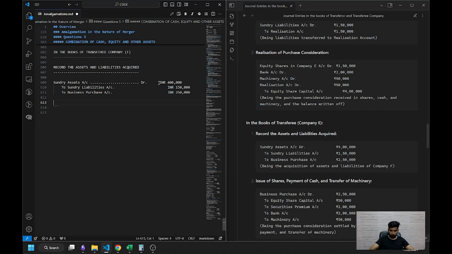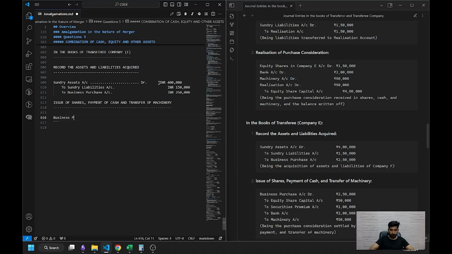After that, the issue of shares, payment of cash and transfer of machine. Here, the entry will be as follows.